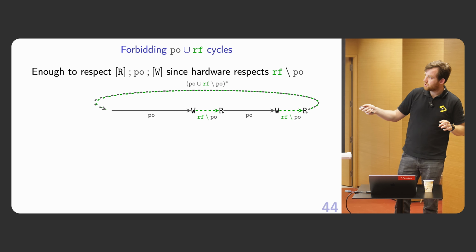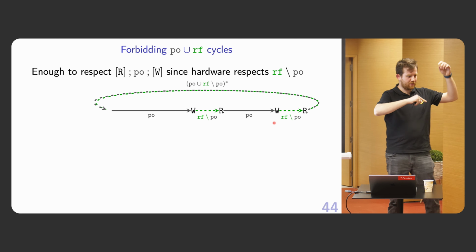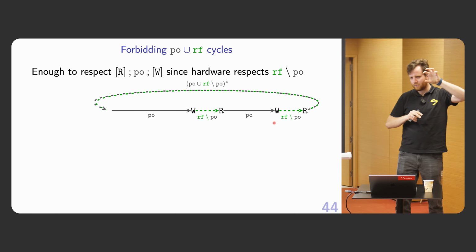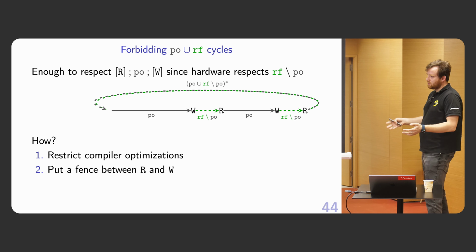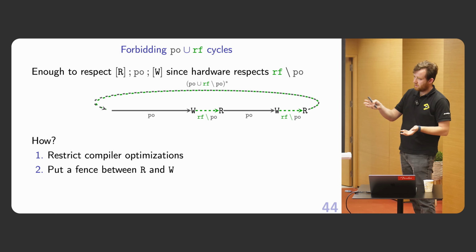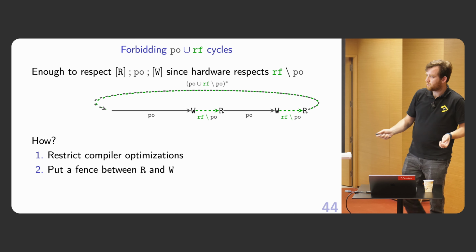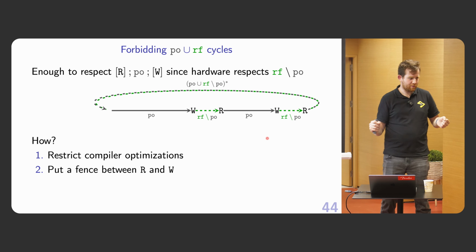So the only question, if we want to disallow this cycle, is how to respect this ordering between reads and writes, how to forbid the reordering of reads with following writes. So what we need to do is restrict compiler optimizations from performing these reorderings, and also we probably need to put a fence between each read and following write, right?